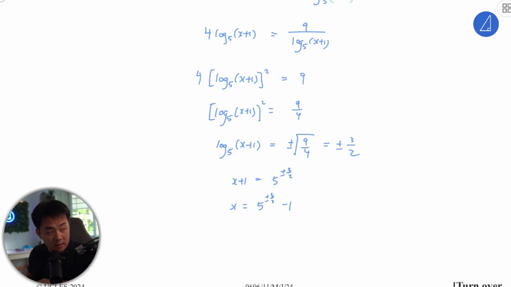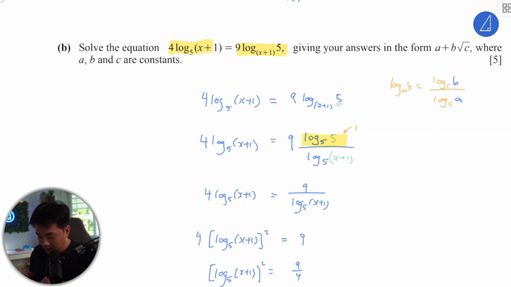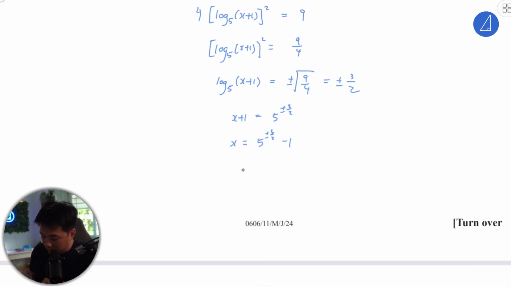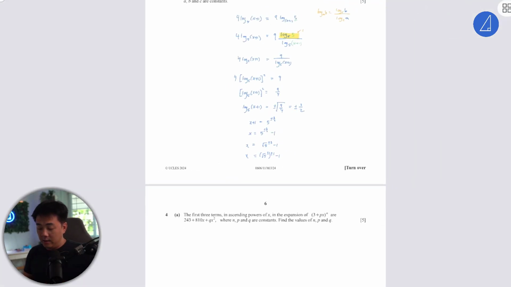We want it in the simplest form, which is a plus b root c, where a, b and c are constants.